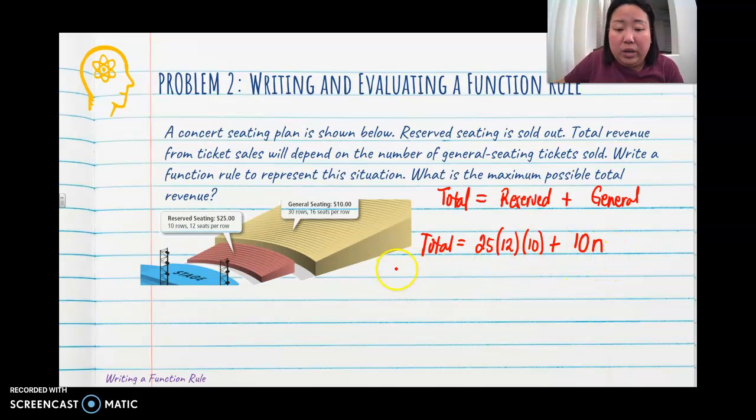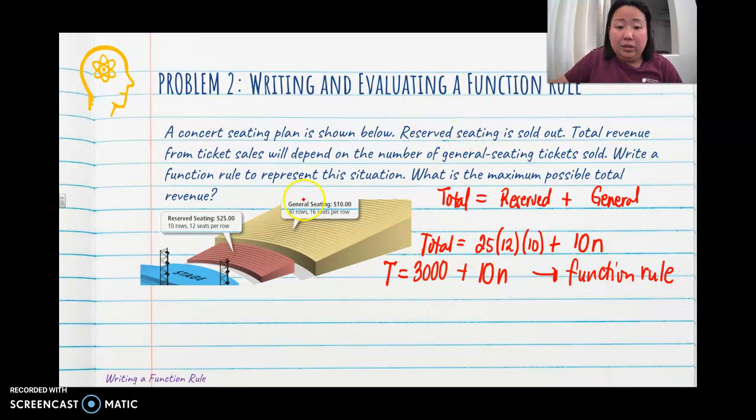So from here, we have a function rule. T is going to be equal to 25 times 12 times 10, which gives us 3,000 all in all, plus 10n for the general seating tickets that will be sold. This is our function rule.